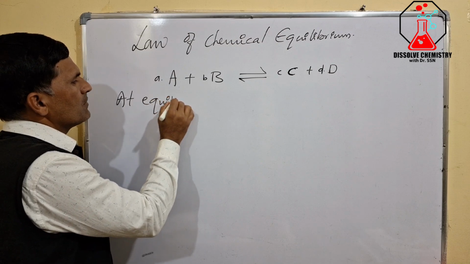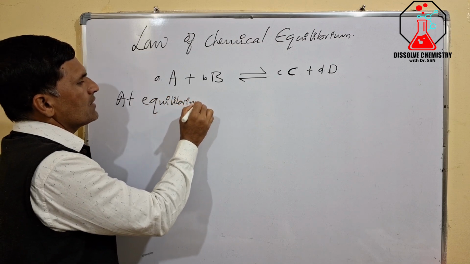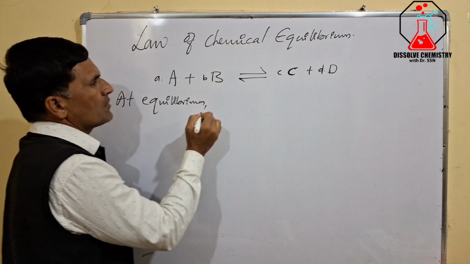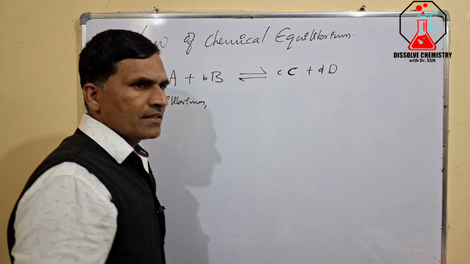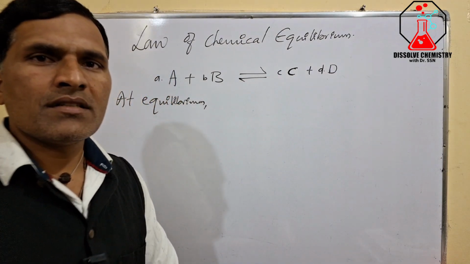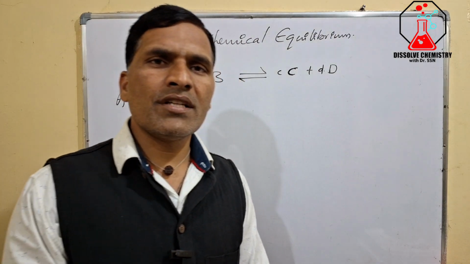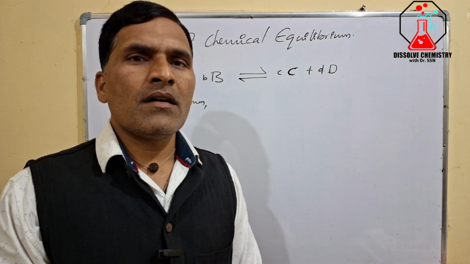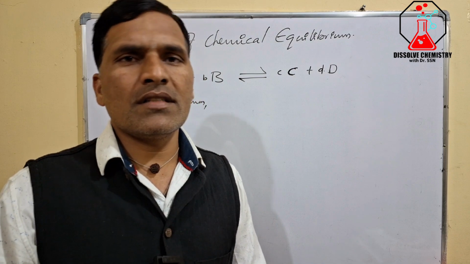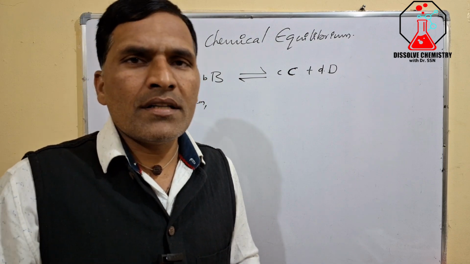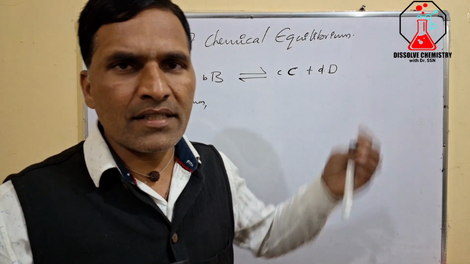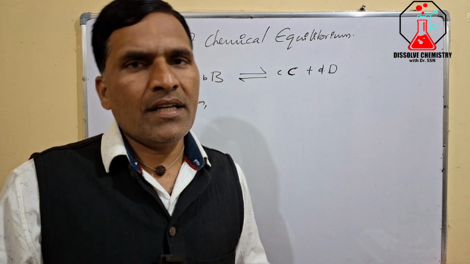At equilibrium, the net change in the concentration of the product and reactant is going to be zero, or there is constancy in the concentration, or in the pressure if the reactants and products are gaseous.